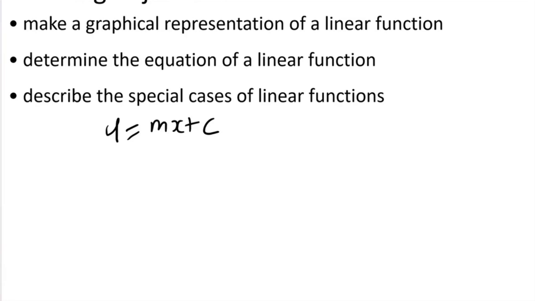Now, what you need to know is what we mean by m and also what we mean by c. From the keywords, m is about the slope of a straight line, and c is about the intercept.